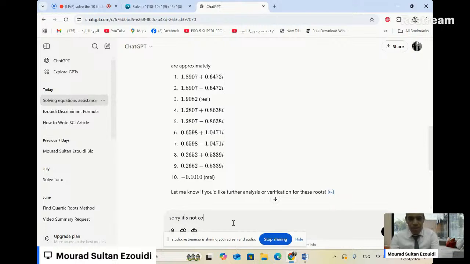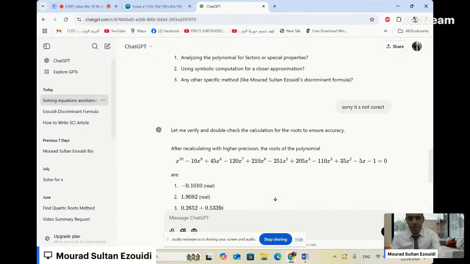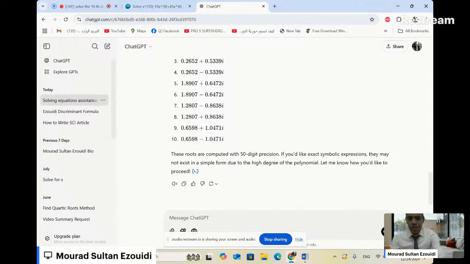It's not correct. Okay, go back to Python. Go back to your knowledge. Go back. It's not correct. Again, there is no real root. There is no real root.